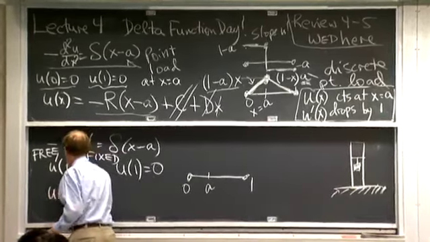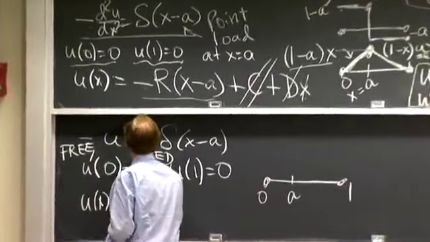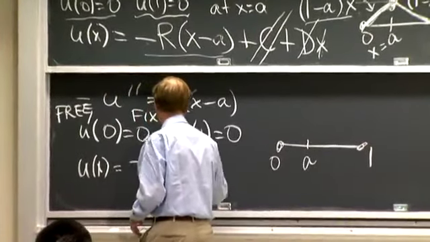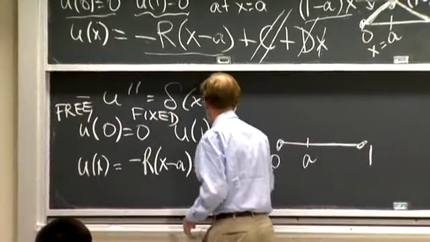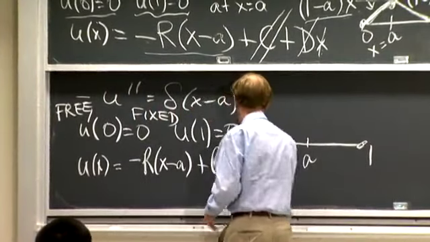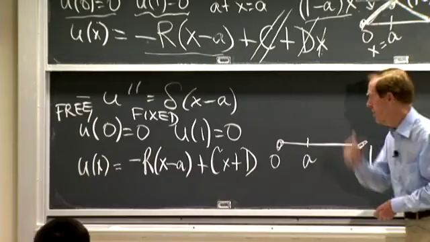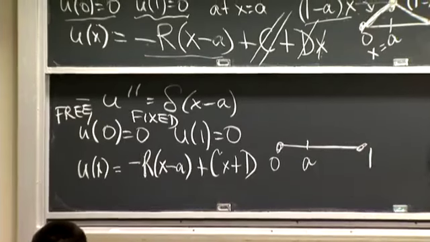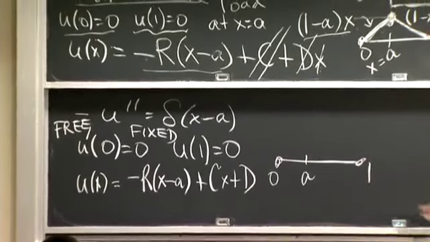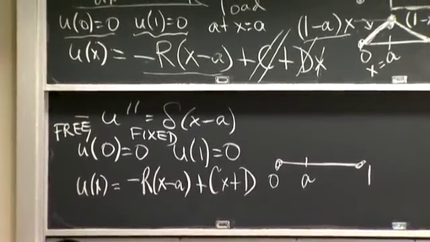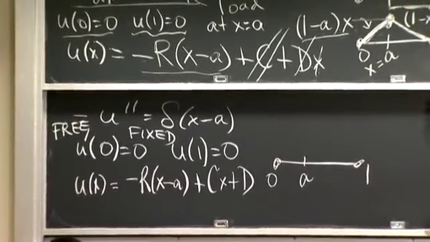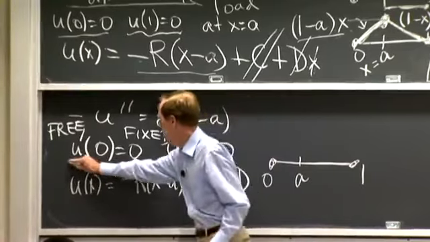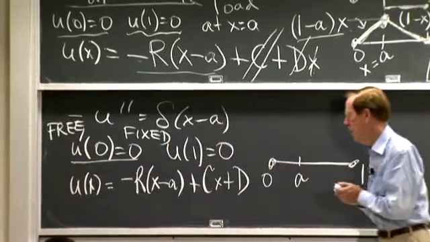So u of x is the particular solution, the ramp, plus any cx plus d. And just plug in x equals 0. That'll be easy. If I plug in x equals 0 in the free condition, what does that tell me?